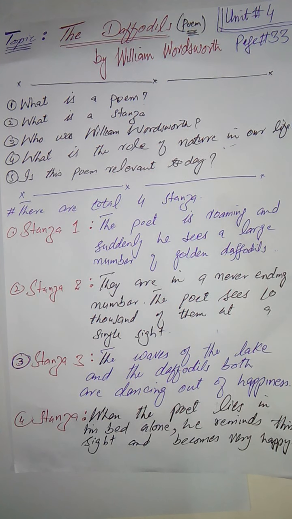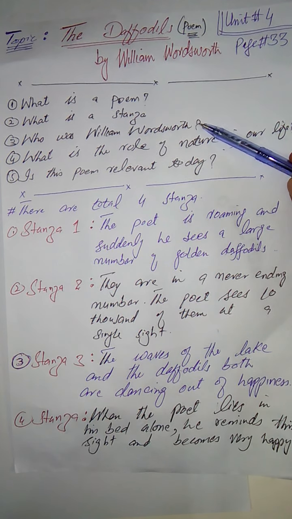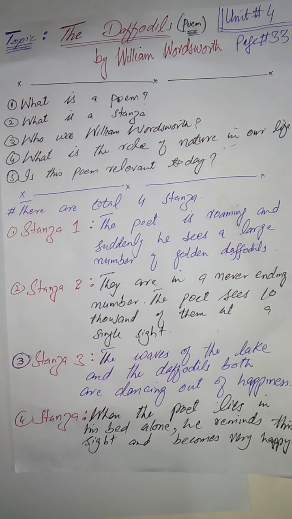So in poetry, when the poet is writing poetry, he writes stanzas instead of paragraphs. So a stanza is also a group of lines supporting a single idea. So that is a stanza.